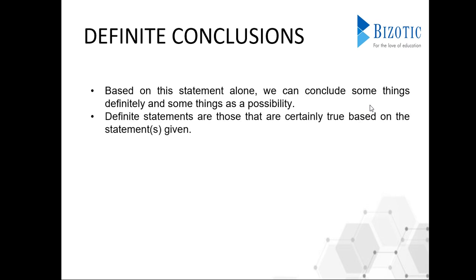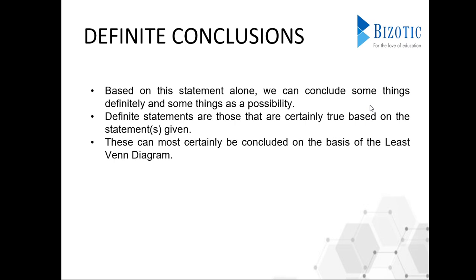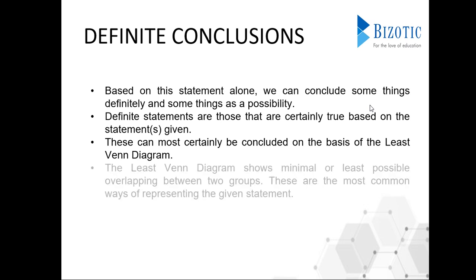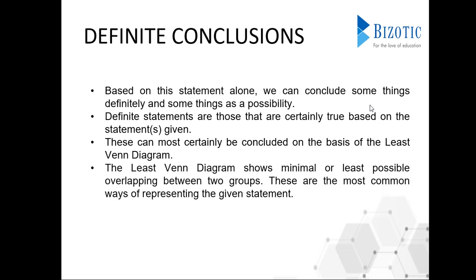Definite statements are those that are certainly true based on the statements given. Now, this can most certainly be concluded on the basis of the least Venn diagram. The least Venn diagram shows minimal or least possible overlapping between two groups. These are the most common ways of representing the given statement. Each statement will have its own least Venn diagram.